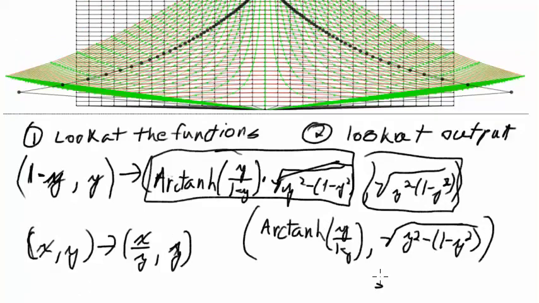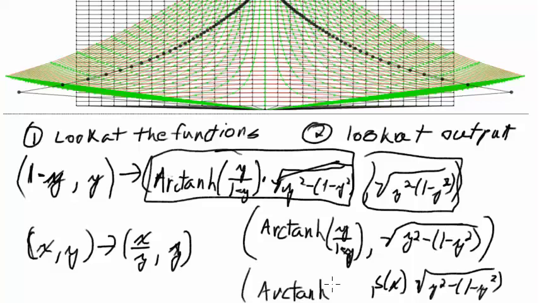Basically, we're going to want to give a scale function of x times our output of y, and then the arctangent of y over 1 minus y is going to be inside that function, because this is our x at this point.